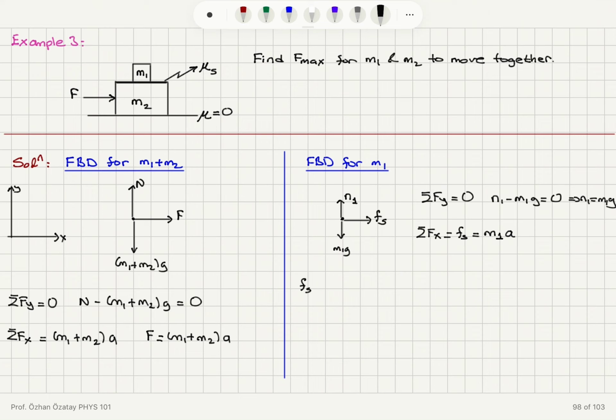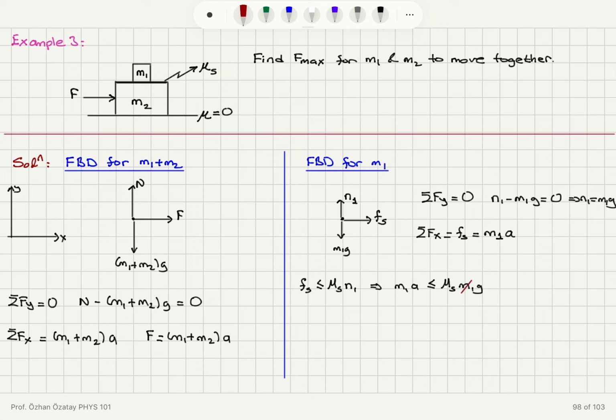Now, this static friction must be less or equal to the coefficient of static friction mu s times the normal force it feels, N1. So we have M1 times acceleration a should be less or equal to mu s times M1 g.